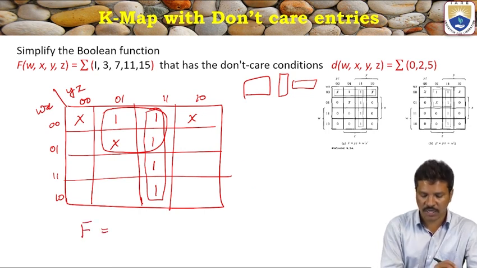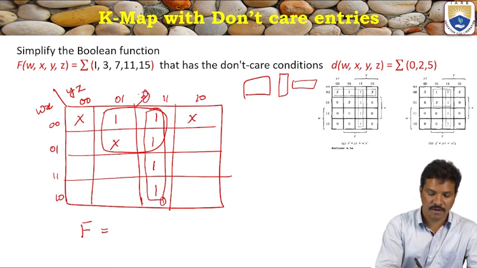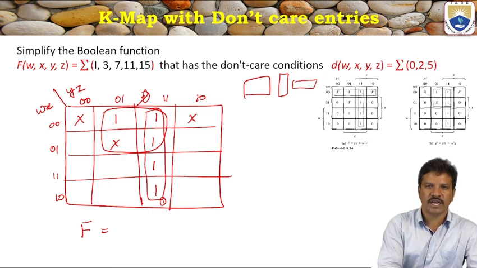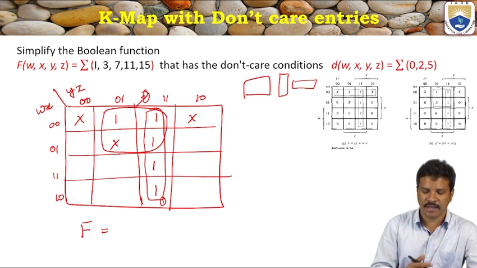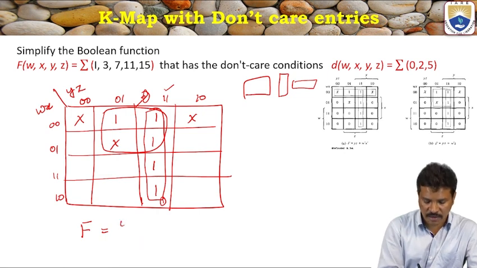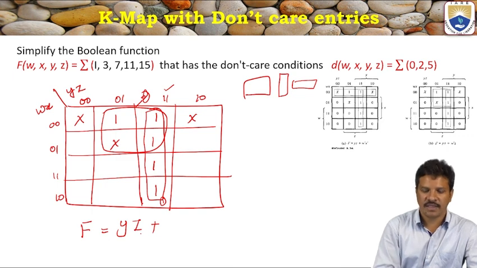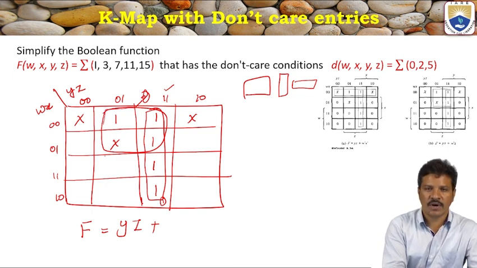F is equal to, take the first box, this one is the first, this one is the second. Horizontally all variables are covered, all are adjacent together and cancel together, so no variable comes from the horizontal. What about the vertical? 1 1 means YZ. YZ is the answer for this vertical box. Then the square box, the second one. Horizontally 2 rows covered and vertically 2 columns covered.